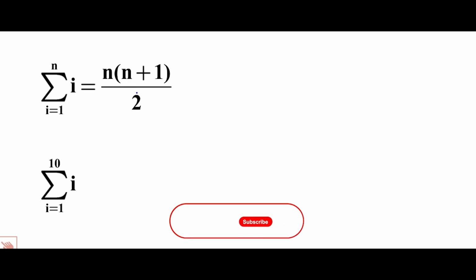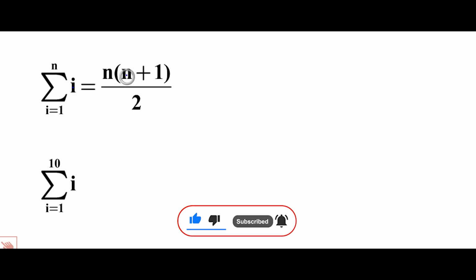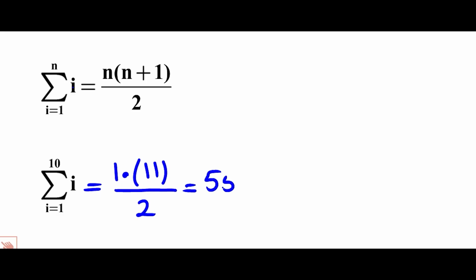There are several formulas that are extremely useful. For example, the sum of i from i equals 1 to n equals n times (n plus 1) over 2. For example, the sum of i from i equals 1 to 10 equals 10 times (10 plus 1, which is 11) over 2. So we have 55.